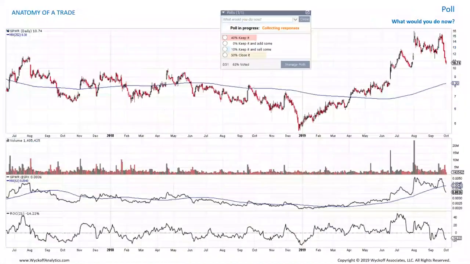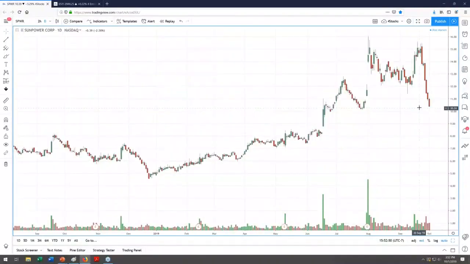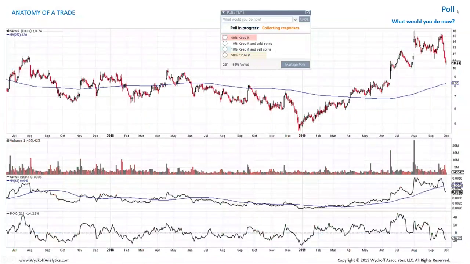And please note that the price is actually at 10.40 as of today. So the slide that I have is a little bit outdated. Okay, so we are somewhere here.